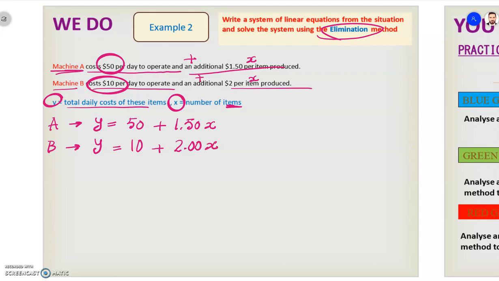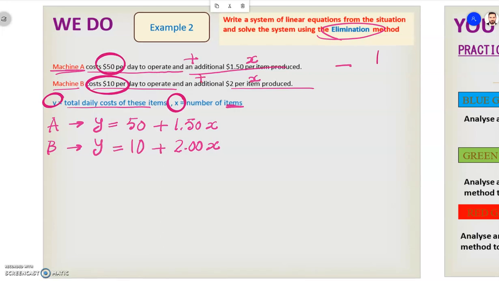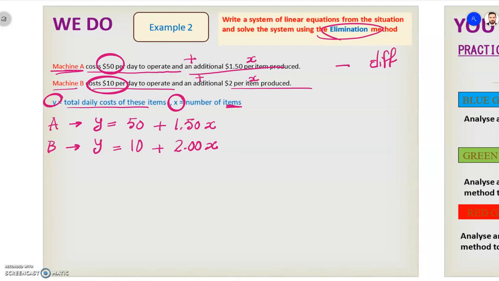Now what do we have to do? We are going to use elimination. Do you still remember our two notes? Minus for the same sign, plus for the different sign.